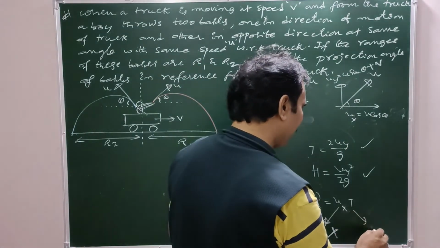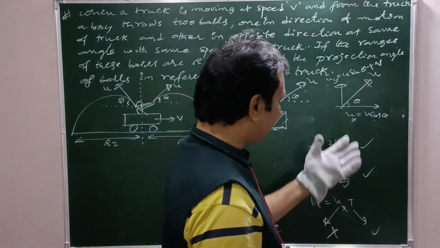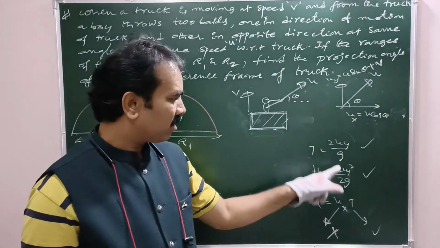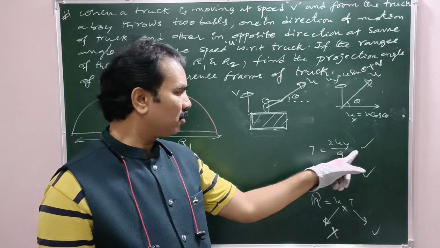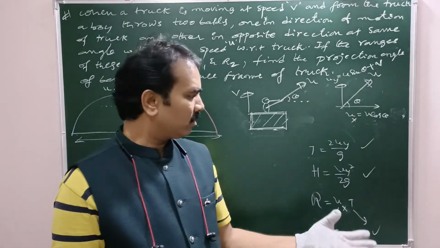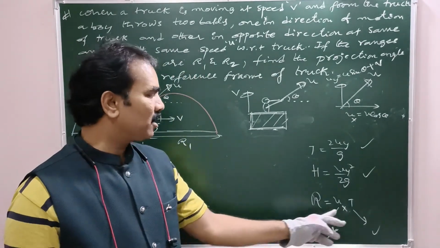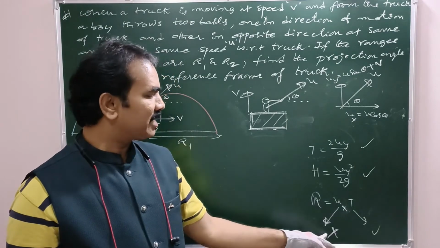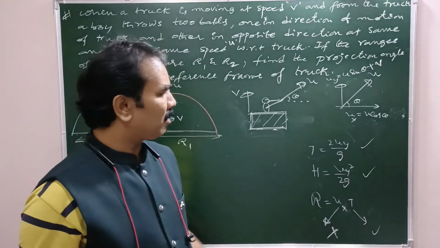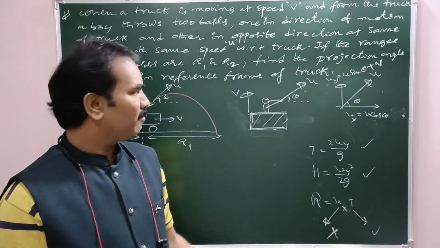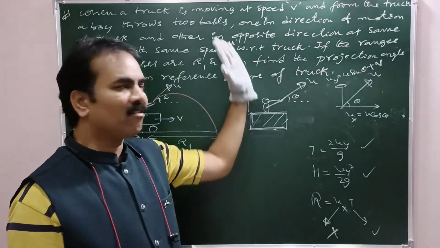Time of flight 2uy by g changes, maximum height uy square by 2g also changes, and range: even though ux remains the same, time of flight changes because of the change of uy. So all three quantities change because of the vertical motion of the frame.